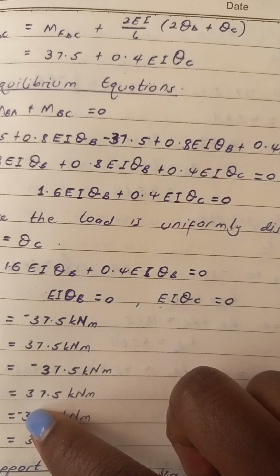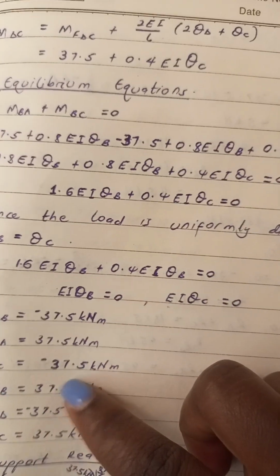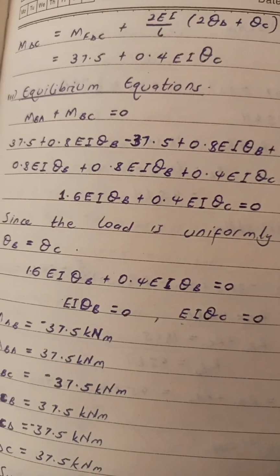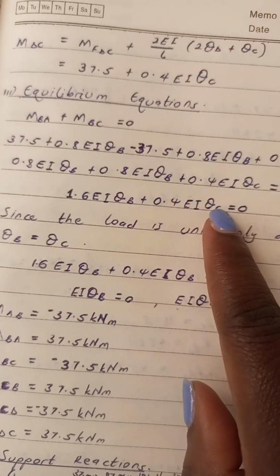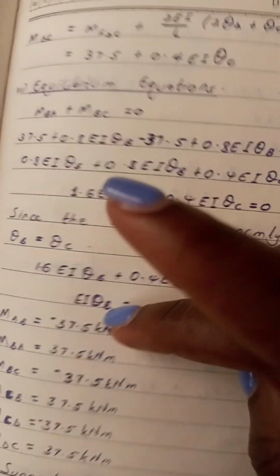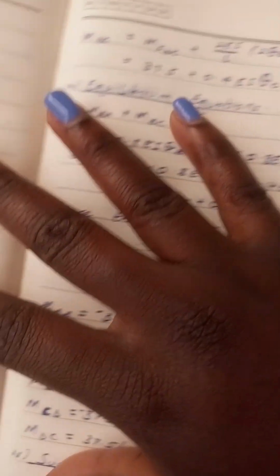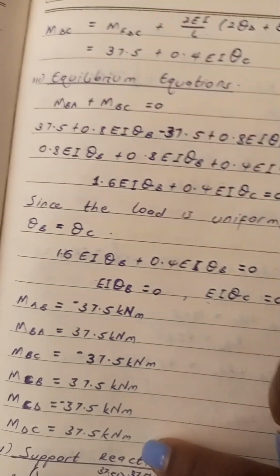If the load is uniformly distributed and theta A and theta D were already 0, theta B and theta C are equal. So I decided to take it as theta B, and I substituted it there, and it gave me the value 0. So when you substitute all the 0 values back into the main equations that we found, the values are going to remain like this.